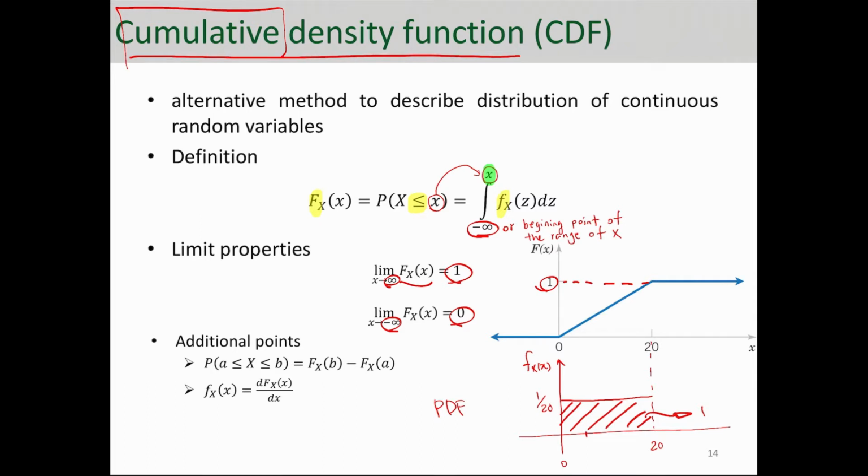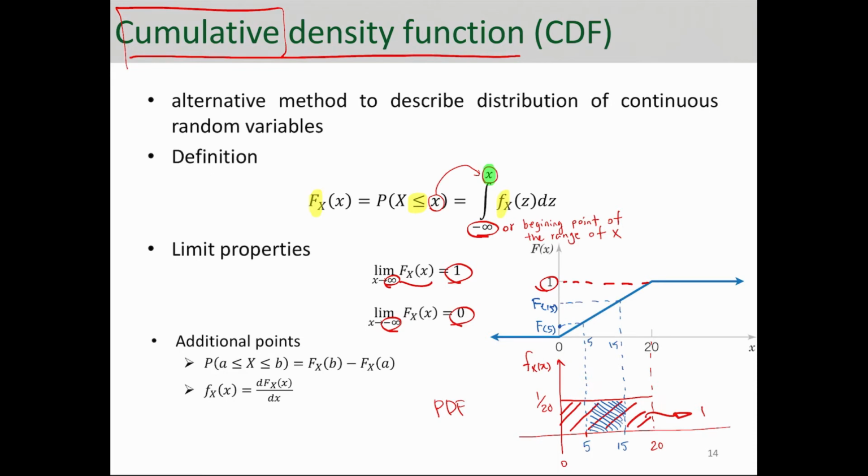If you want to calculate the probability of, let's say, x between 5 and 15 using the PDF function, you would have to calculate this area by integrating the PDF from 5 to 15. But if you have the CDF function, this point here is cap F of 5, and this point here is cap F of 15.